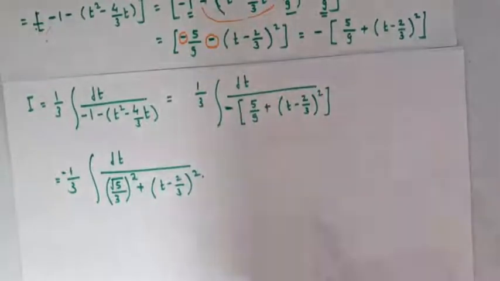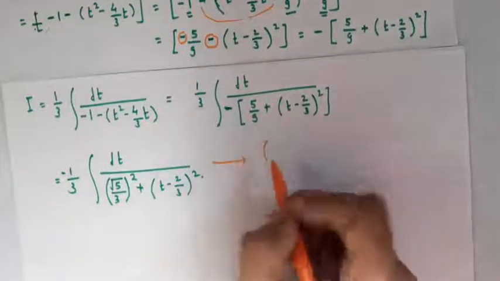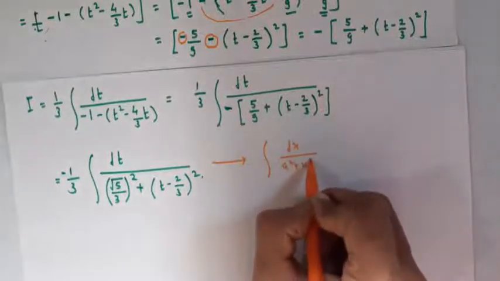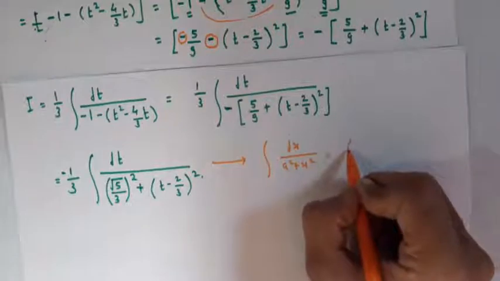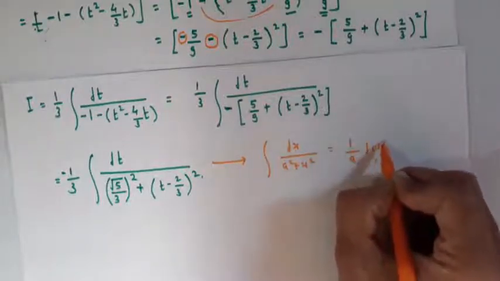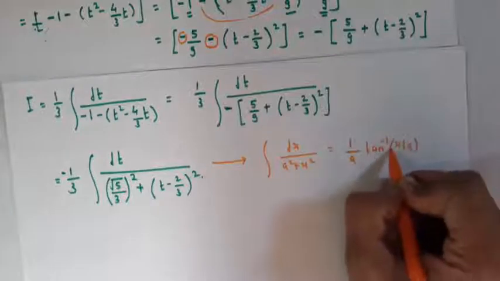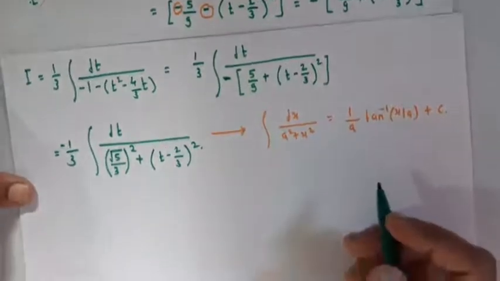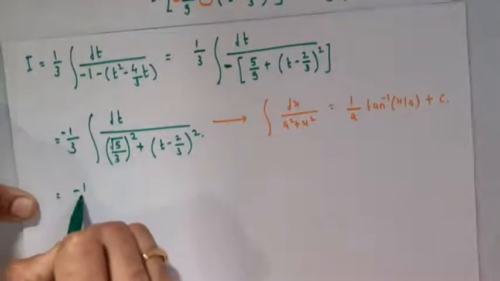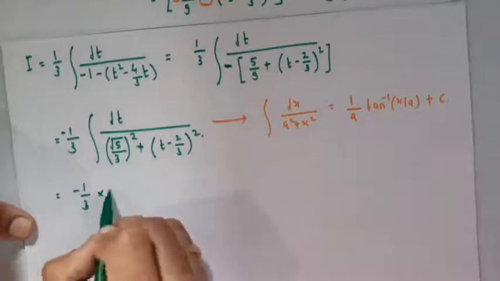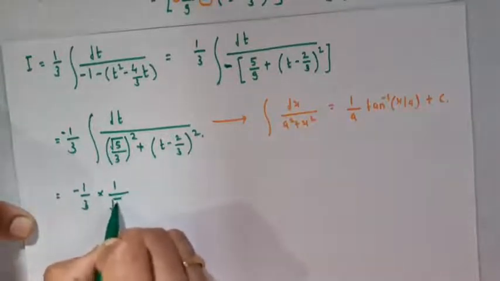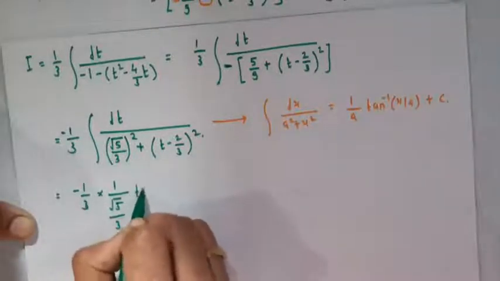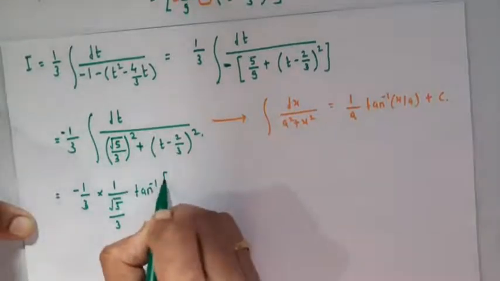And this is integration of the form 1 upon a square plus x square with respect to x, and its integration is 1 by a tan inverse of x by a plus constant of integration c. By using this we can find out the integration. And this is minus 1 by 3 as a constant, 1 by a means 1 upon root 5 by 3, tan inverse of x by a.